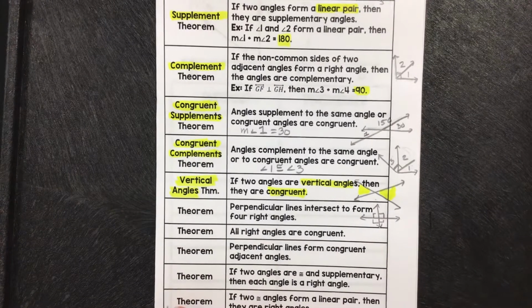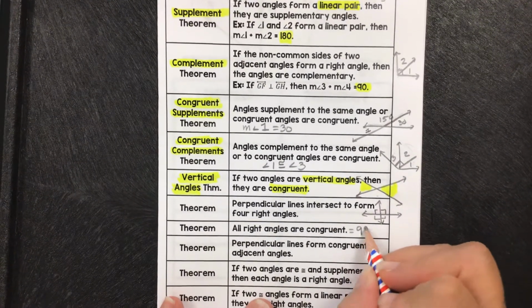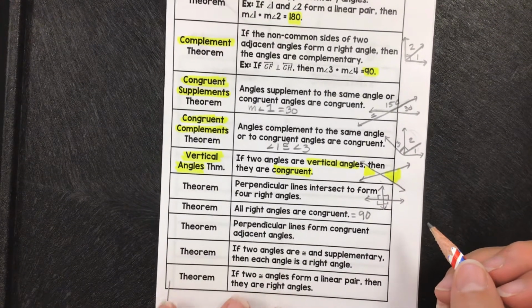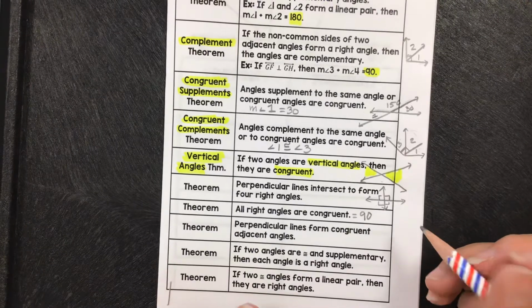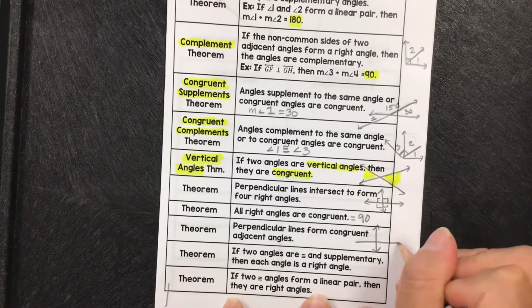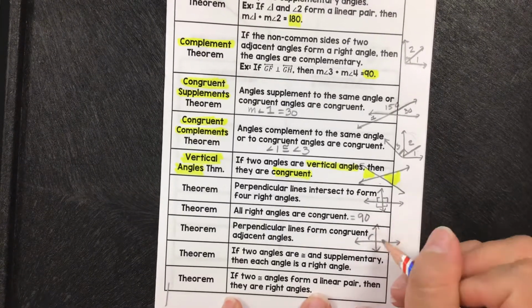The next theorem says that all right angles are congruent, which just means that all equal 90. The next one says perpendicular lines form congruent adjacent angles. So we're going to draw perpendicular lines. And congruent means they have the same measure.